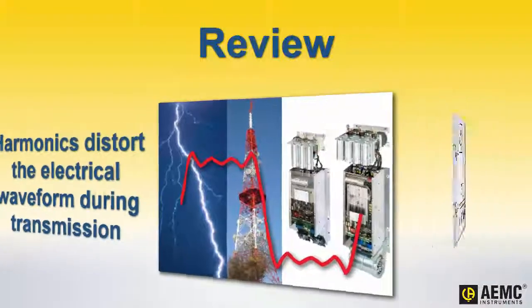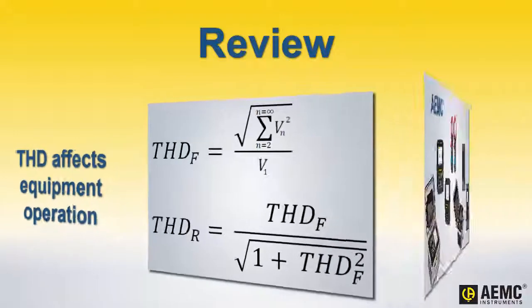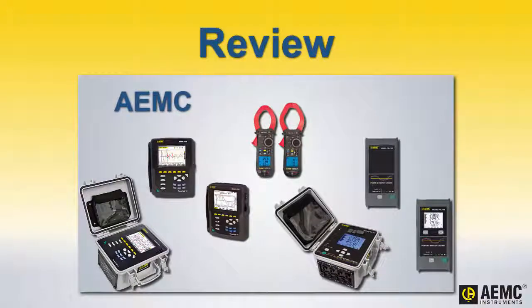Total harmonic distortion, or THD, can have a significant impact on the operation of electrical equipment, affecting its efficiency, reliability, safety, and cost. And finally, AEMC offers a wide range of instruments for measuring and analyzing harmonic distortion in your facility, helping to provide the data on which an effective THD mitigation strategy can be based.